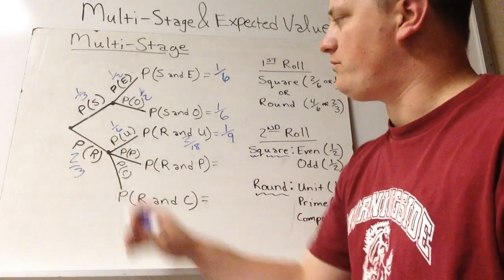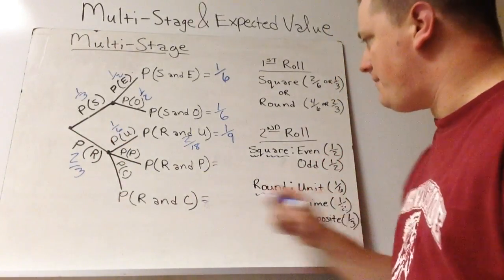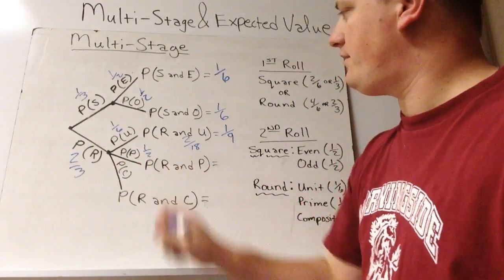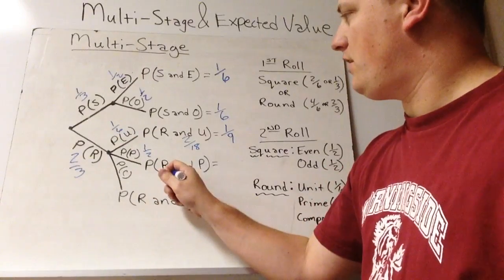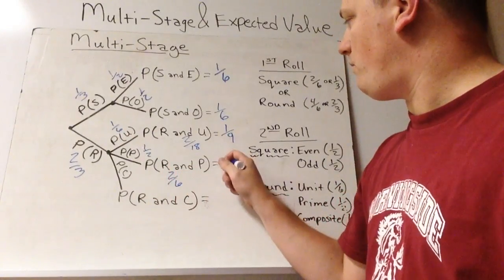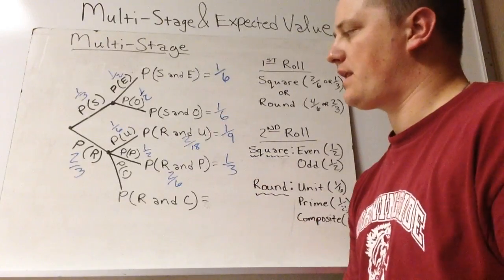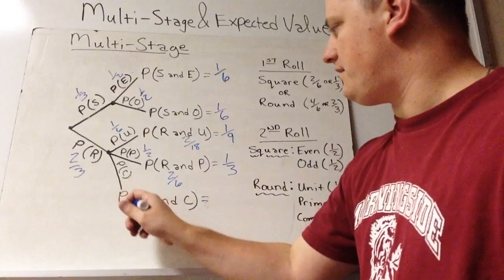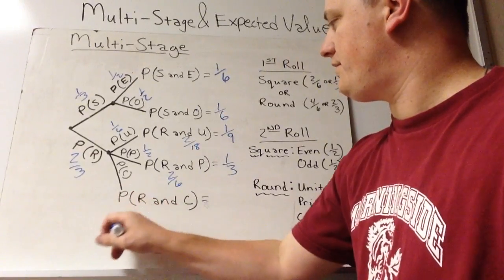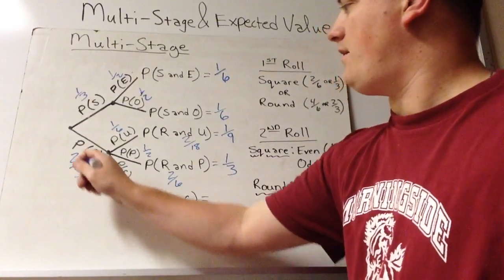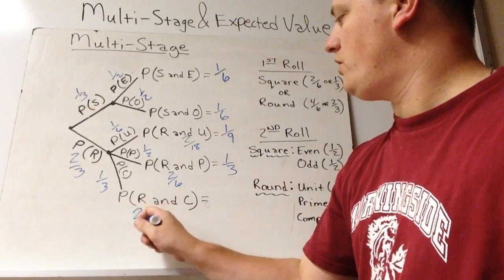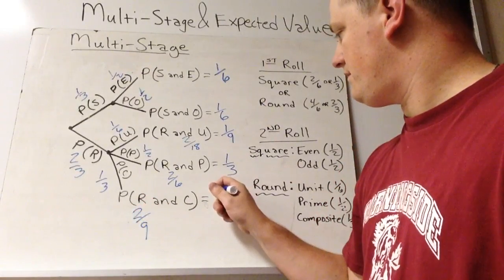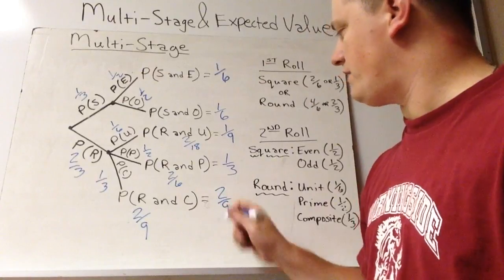Then the next one, the probability of a prime is 1/2, which is going to give me 2 over 6, or 1/3. And our last one is P of C, composite, which is 1/3. We multiply, and we get 2 over 9.